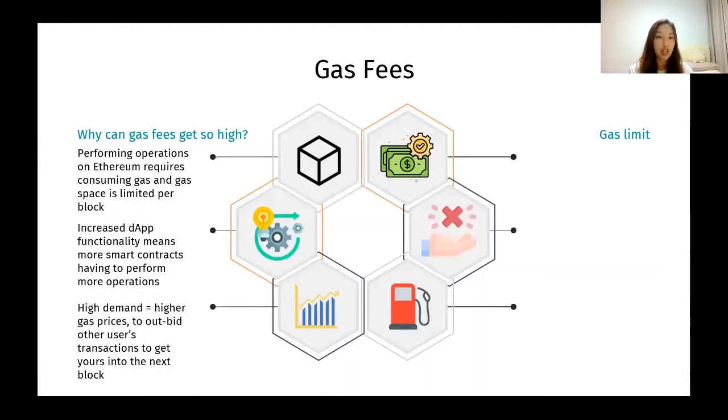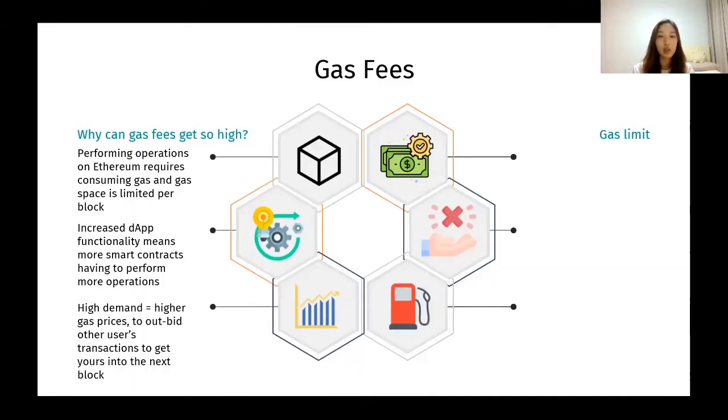As dApp functionality grows more complex, the number of operations a smart contract performs grows too, meaning each transaction takes up more space of a limited size block. And if there's too much demand, users must offer a higher gas price to try and outbid other users' transactions. So a higher price can make it more likely that your transaction will get onto the next block.